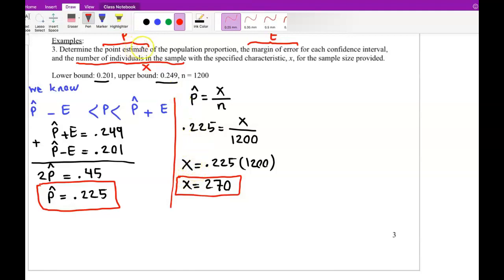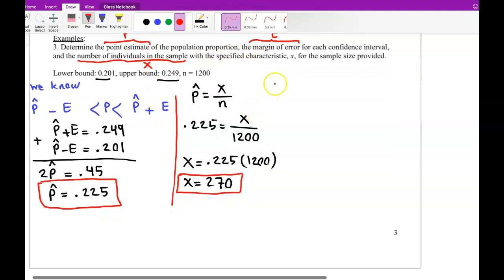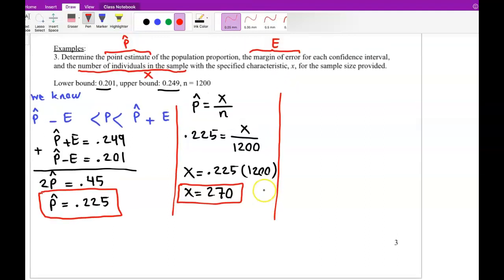Okay, so we got the answer for p hat and x, and now we should find E. To find E, I'm using upper limit. You can use lower limit, it doesn't matter.